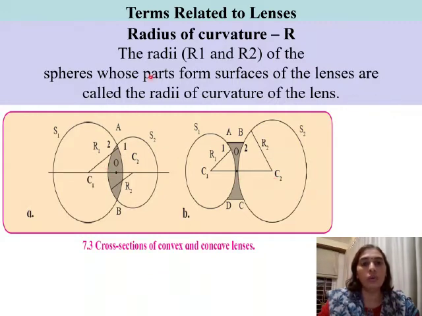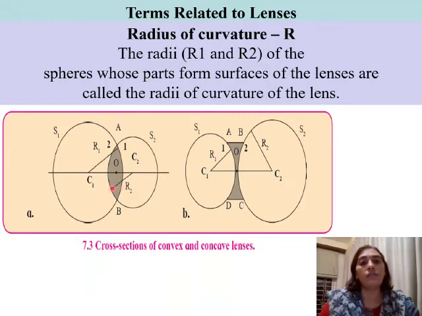So how do we define radius of curvature? The radii R1 and R2 of the spheres whose parts form surfaces of the lenses are called radii of curvature of the lens. So here the radii that we have shown, that is R1 and R2 in both the diagrams, their parts form the surfaces of the lenses.